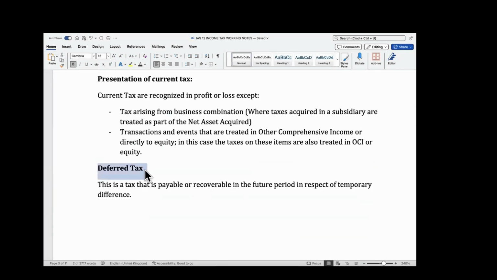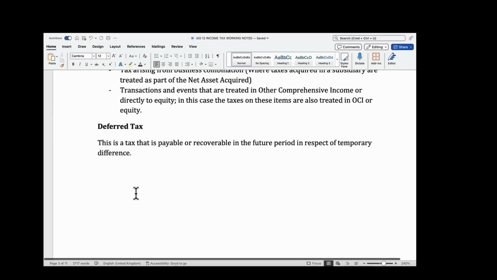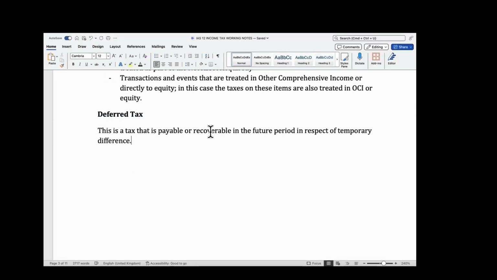So let's go to deferred tax then. Deferred taxes, like I've mentioned earlier, is a tax that is payable or recoverable in a future period in respect of temporary differences. This is a very clear definition, except for the introduction of temporary difference.